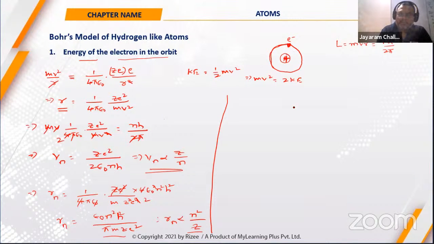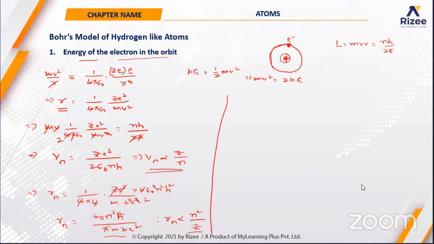So from this one, we can say that kinetic energy can be written as half mv square.